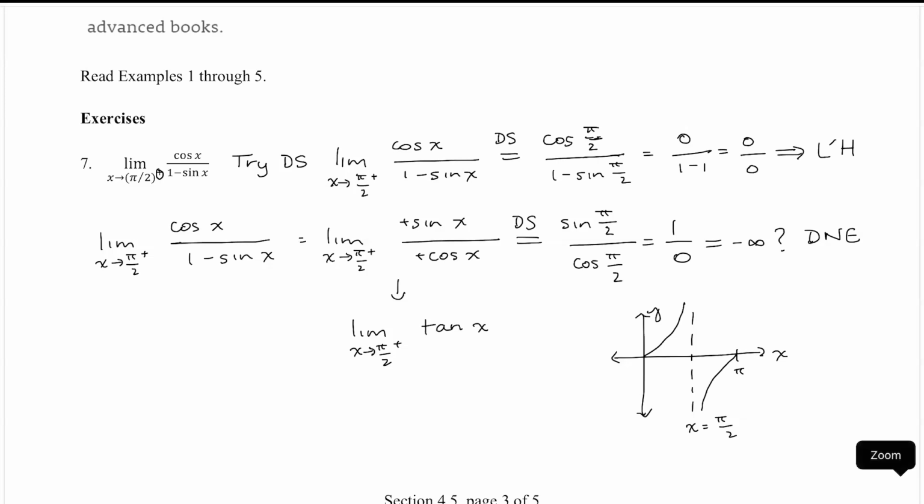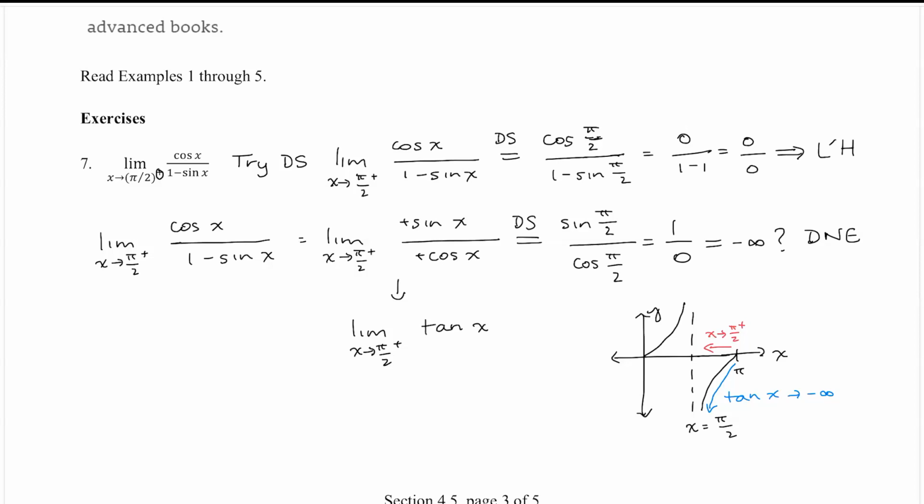Y equals tan x actually has a vertical asymptote at x equals pi over 2, and it looks something like this. So in fact, as x is approaching pi over 2 from the right-hand side, actually let me use another color for this. Here's x approaching pi over 2 from the right, and what's y doing?